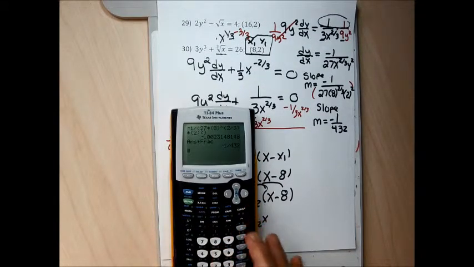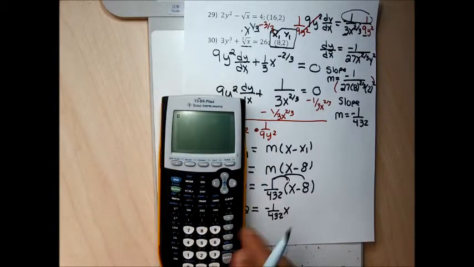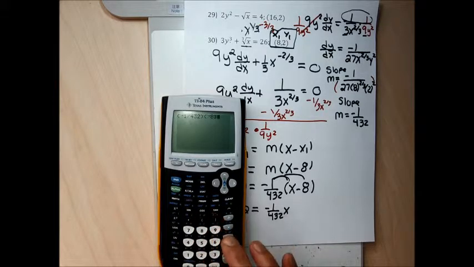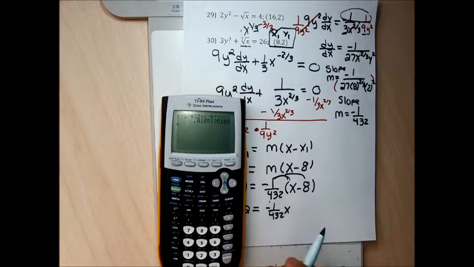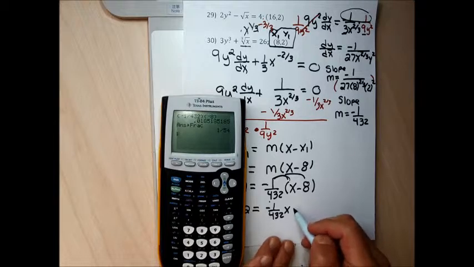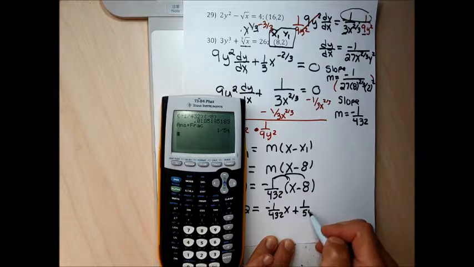I'm going to do -1 over 432 and put it in a parentheses just to be safe. And then times with a parentheses -8. That gives me an ugly decimal. I math, enter it. And that's going to give me a +1 over 54. When I multiply two negatives, I get a positive.